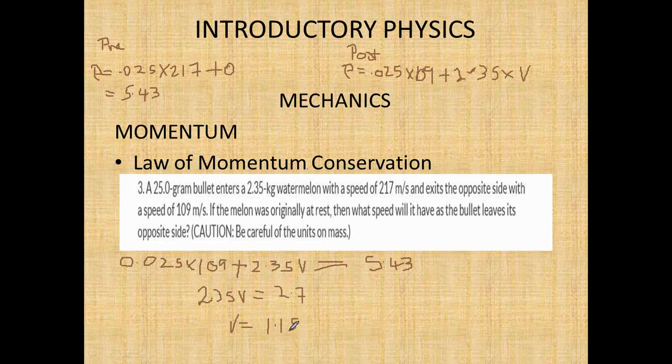You see, because the mass of the bullet is so tiny, so small, it has a much greater speed after the collision than the watermelon. The watermelon only travels 1.15 meters per second. So the law of momentum conservation: the pre-collision momentum is equal to the post-collision momentum.